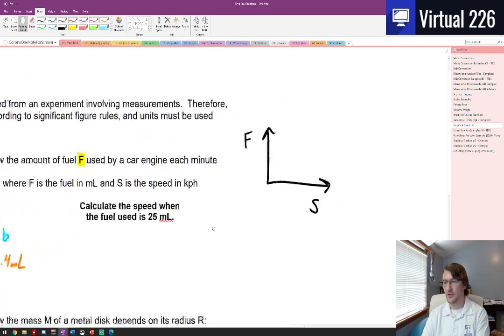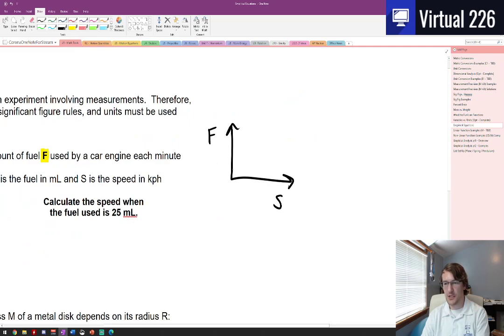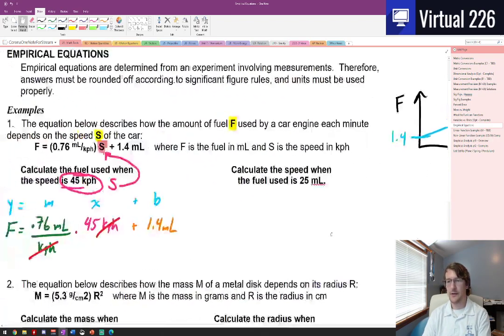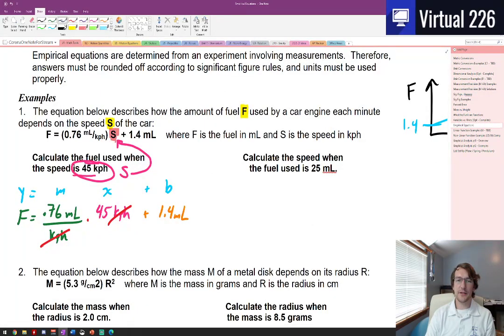So if we actually wanted to graph this, it would look something like that, right? Where the slope here is 0.76, and this point right here is 1.4. Okay, so that's what's going on here. The other thing that's nice is because there's an addition here, m times x here will give us milliliters, and we're adding milliliters. Whenever you add things together like that, they have to be the same units.